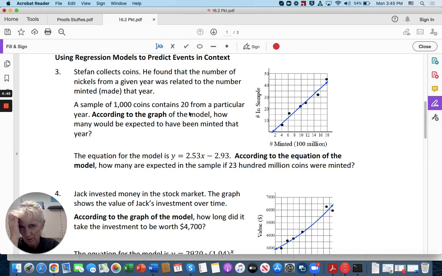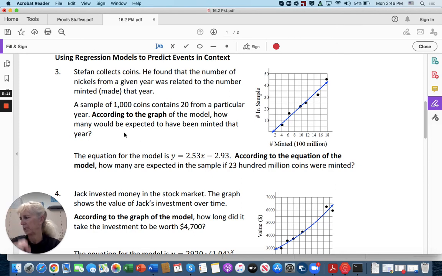Okay, according to the graph, how many would be expected to have been minted that year? Contains 20. So 20 in the sample right here would be about 900 million, because that's about 9 right there where 20 was.